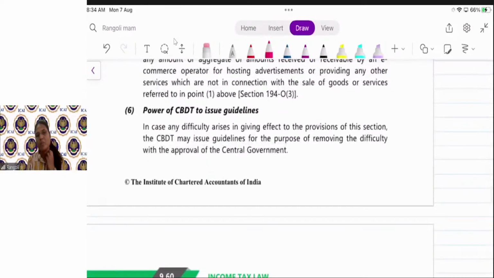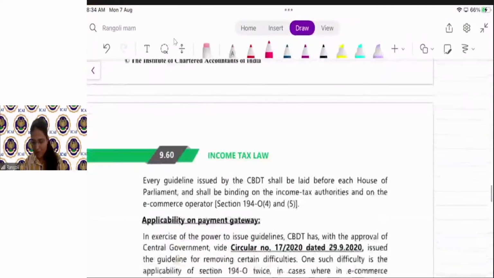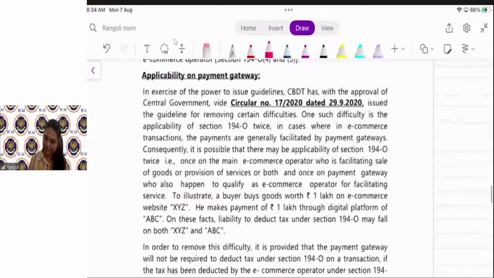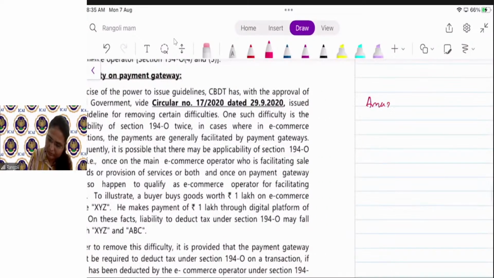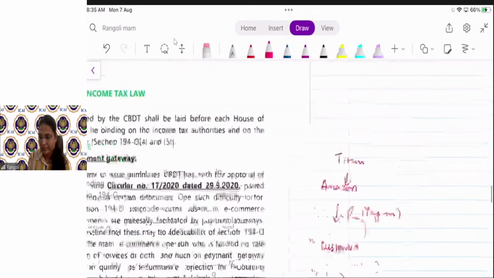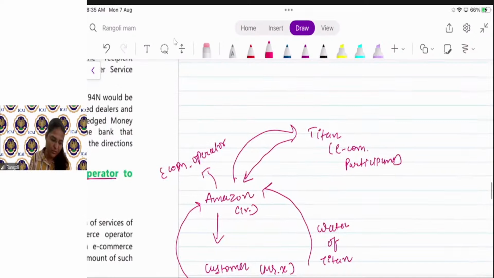Obviously, the government has the power to issue guidelines if there are any difficulties. Now, payment gateway. Amazon, Titan, customer. Now, the customer is making payment to Amazon through Paytm. Sushil, listen carefully.